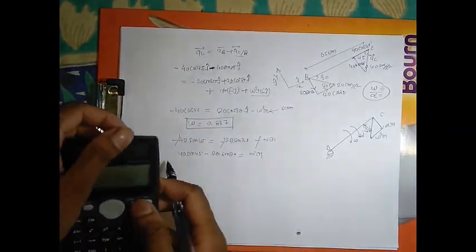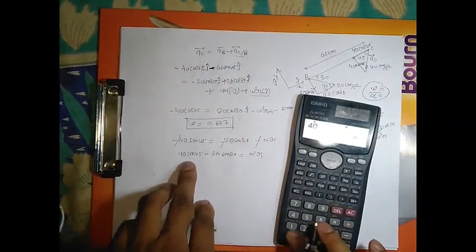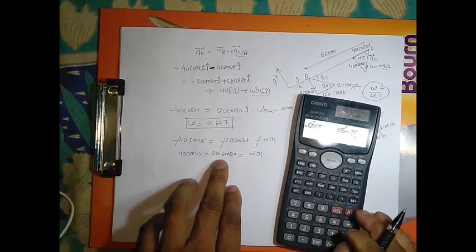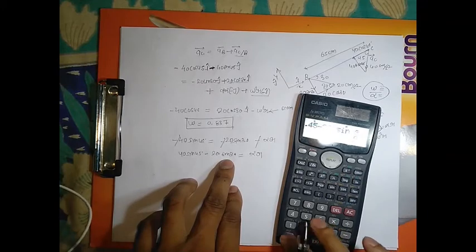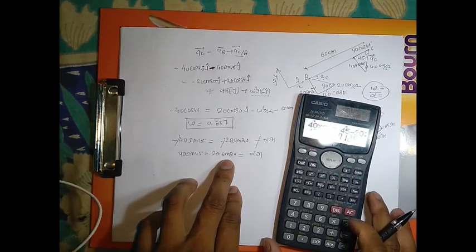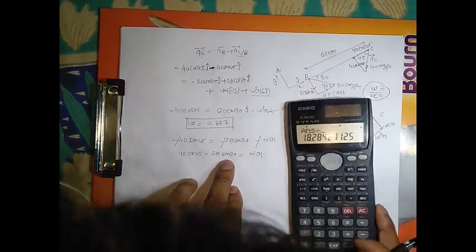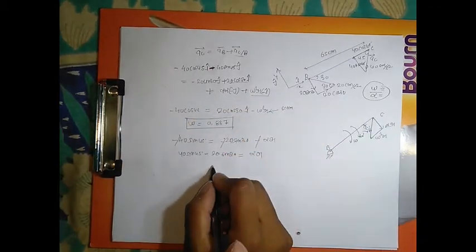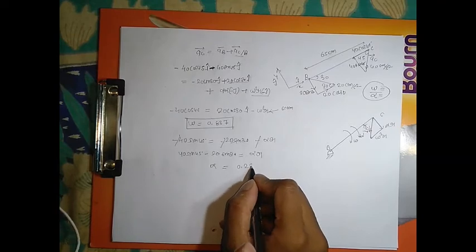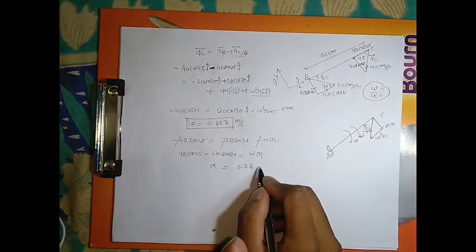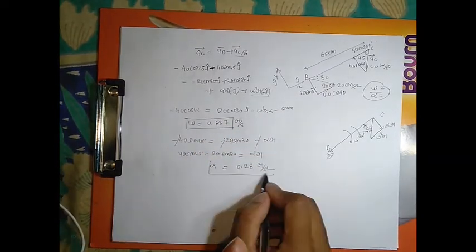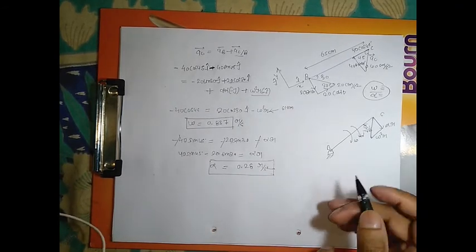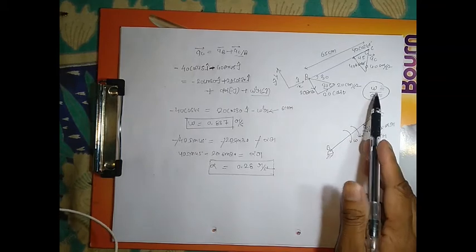So alpha equals 40 sin 45 minus 20 into sin 30, divided by r, that is 65. So alpha comes out to be 0.28 radian per second square, and omega is in radian per second. I think I found both omega and alpha.